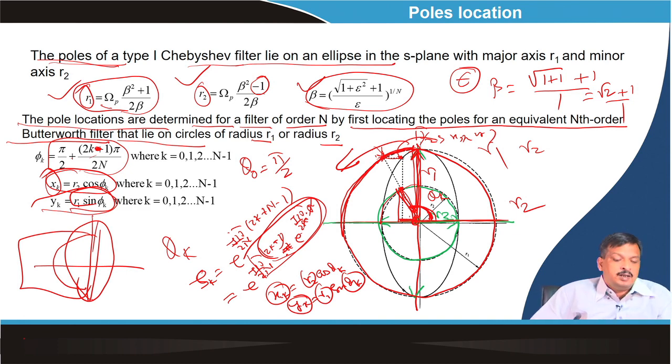Okay. So, this is the pole position. I'll show you one example so that you understand. Should I give the example right now, or cover type 2 and then give you the example? Okay. So, the pole position is xk, yk. I will show you how it comes to the pole.